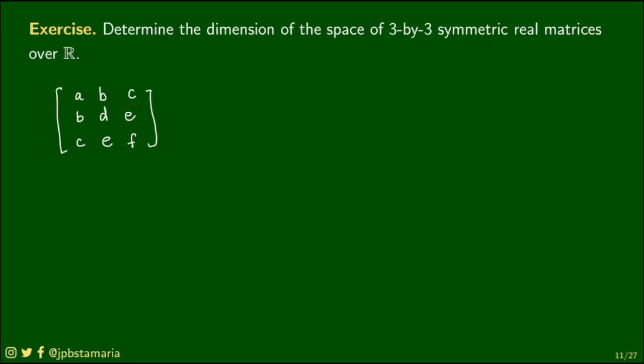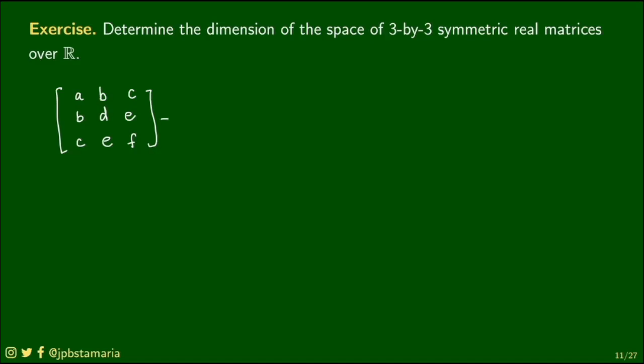So here, take note how many letters we needed, minimum, to describe a 3 by 3 real symmetric matrix. As you can see, we only needed 6: a, b, c, d, e, and f.